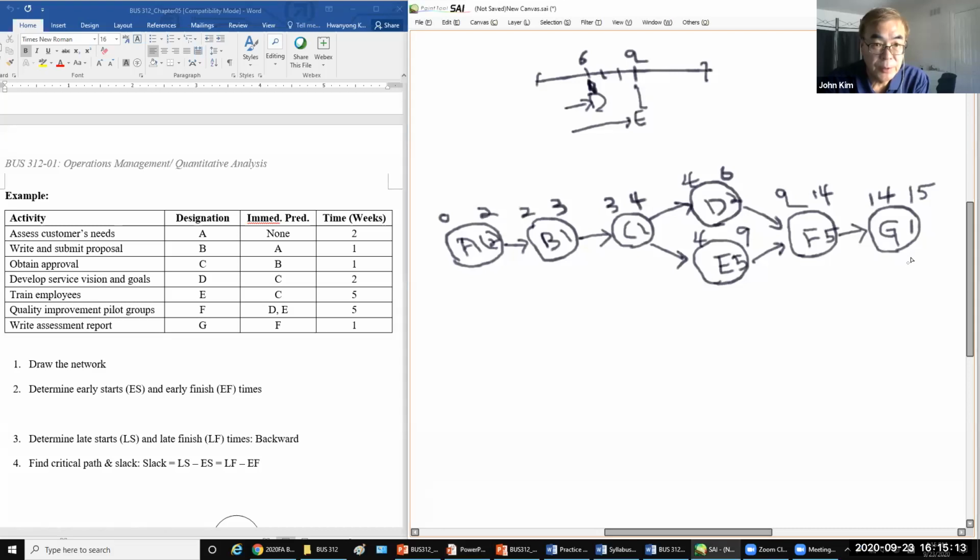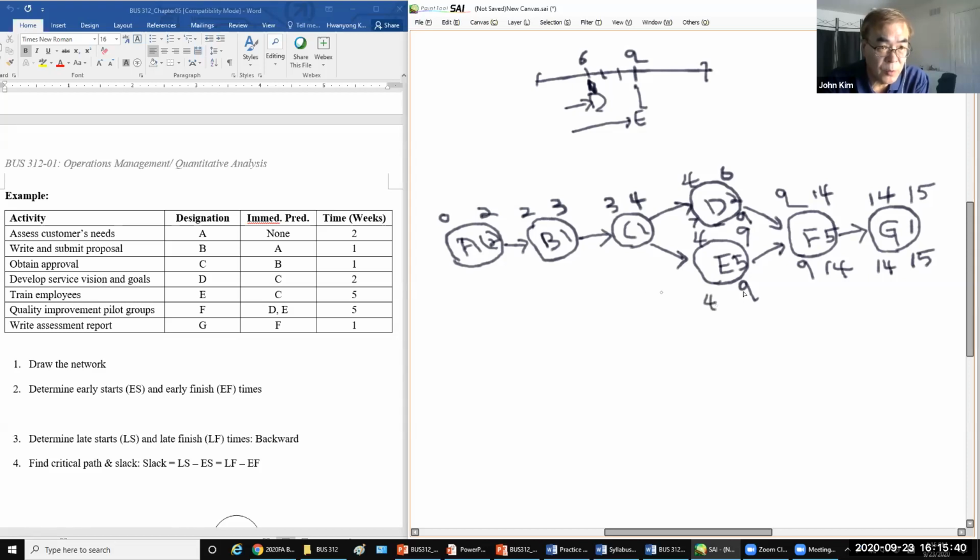So 15 here, minus 1, 14. And then this one goes there, 14. And minus 5 is 9. And 9 here. And 9 here, minus 2 is 7, minus 5 is 4.